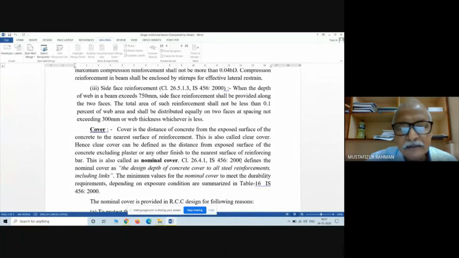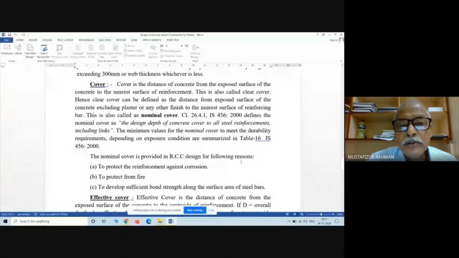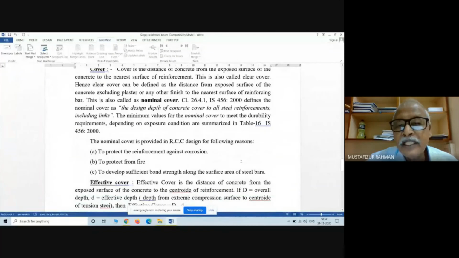Now this cover, probably I have told you, is again given in the code. There should be a cover: nominal cover, or clear cover, or effective cover. Nominal cover is from the extreme concrete surface to the outer face of the reinforcement.